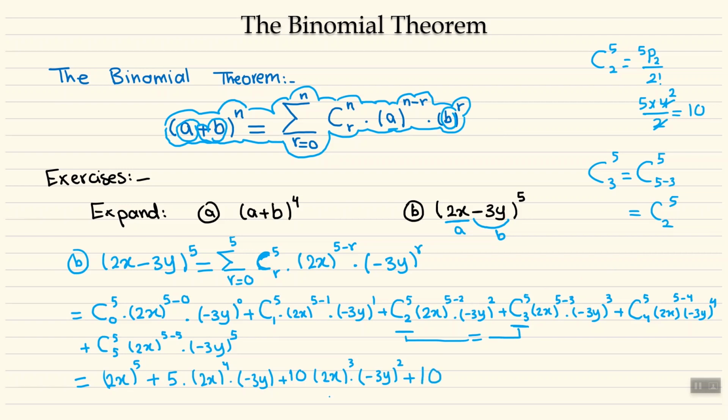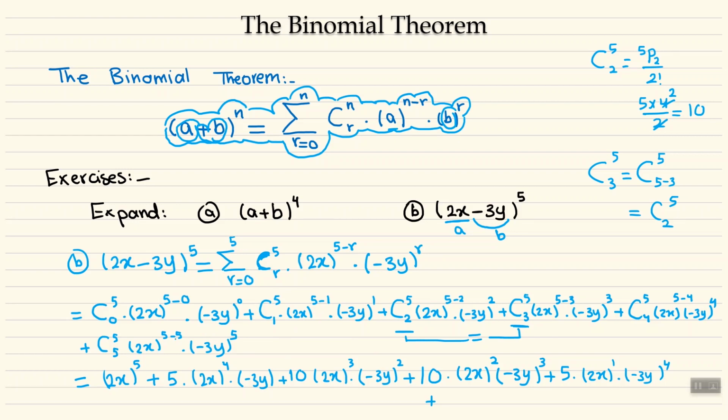You just write 10 because it's the same as this one, times 2x to the power of 2 times minus 3y to the power of 3, plus combination 5, 4, which is the same as combination 5, 1, and the answer is going to be 5. So it is 5 times 2x to the power of 1 times negative 3y to the power of 4. And eventually, this is going to be plus combination 5, 5, which is going to be 1.